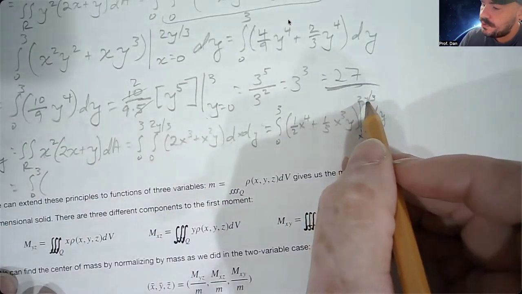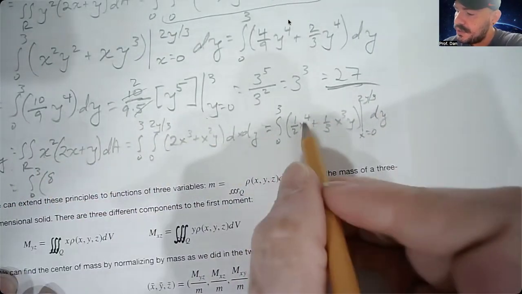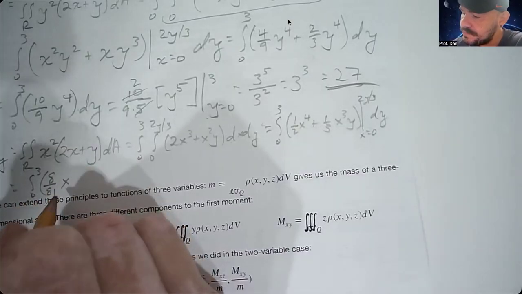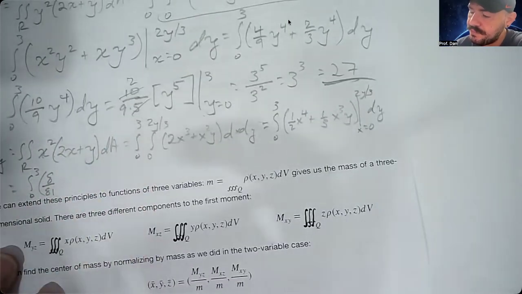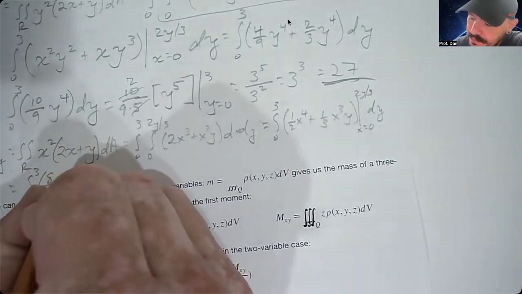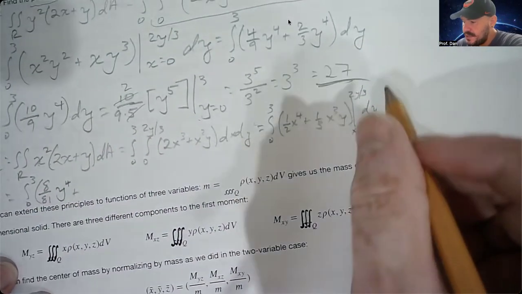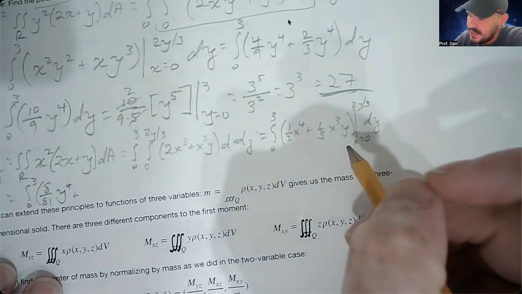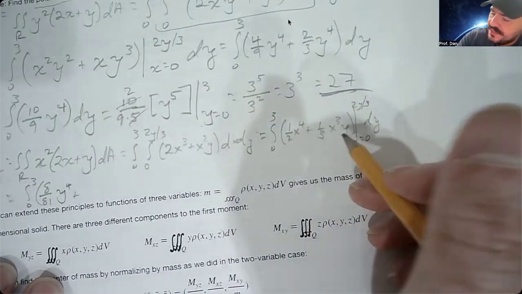So 2 to the 4 would give me 16 divided by 2 gives me 8. 3 to the 4 is 81. Nope, not x. Y to the 4. All right, and then similar thing here. So that's going to be 2 cubed, 8, over 3 cubed, 27.